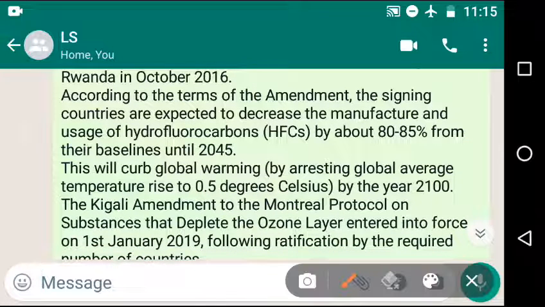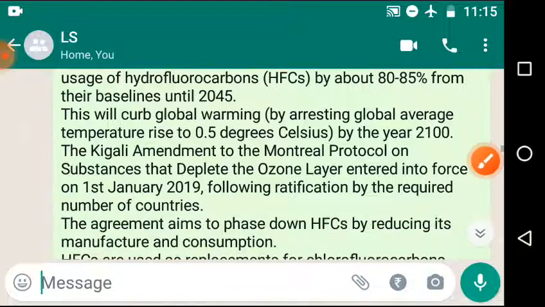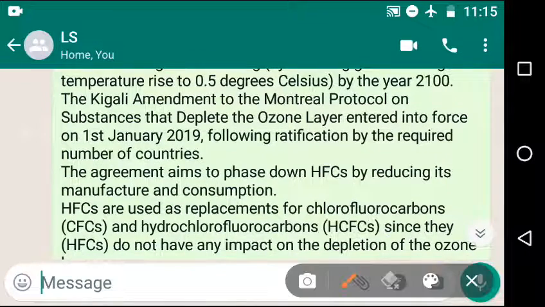So if we can minimize the use of hydrofluorocarbons, then we can expect to reduce the average temperature by 0.5 degrees by the year 2100. The Kigali Amendment to the Montreal Protocol on substances that deplete the ozone layer entered into force on 1st January 2019 following ratification by the required number of countries.